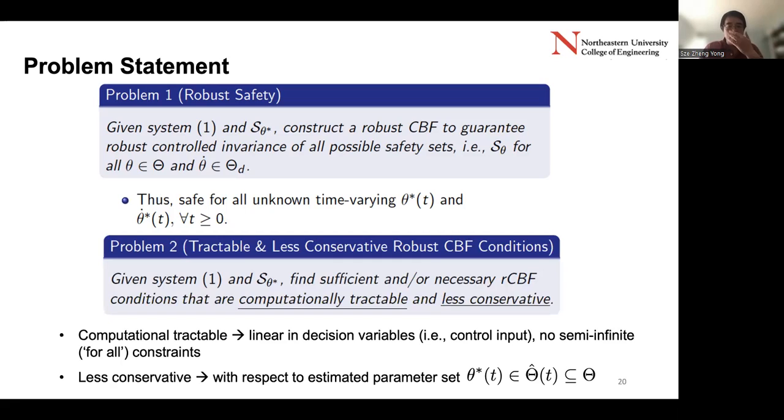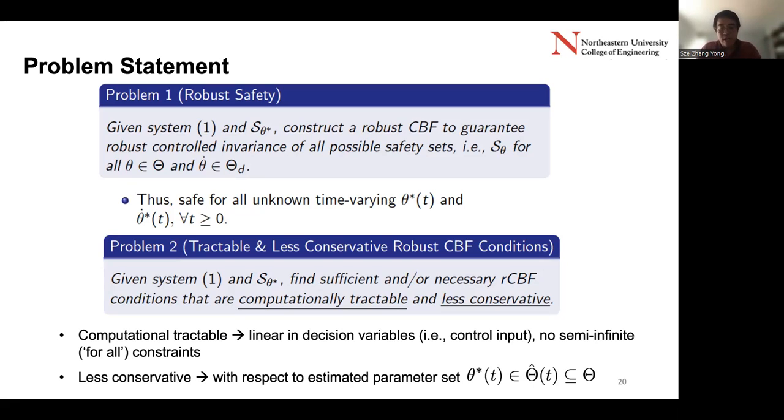We also want to make sure that we not only find robust CBF functions, but we want to find them such that they are computationally tractable and less conservative. So computationally tractable in this case is that we want to write them such that we have conditions where they are going to be linear in the decision variables, such that if we include that into the safety filter that I talked about before, then it will remain a quadratic program that we can solve online.